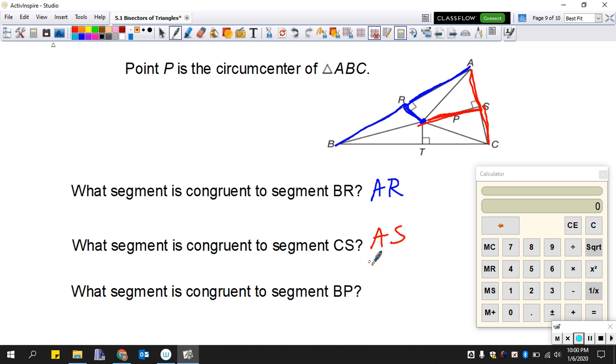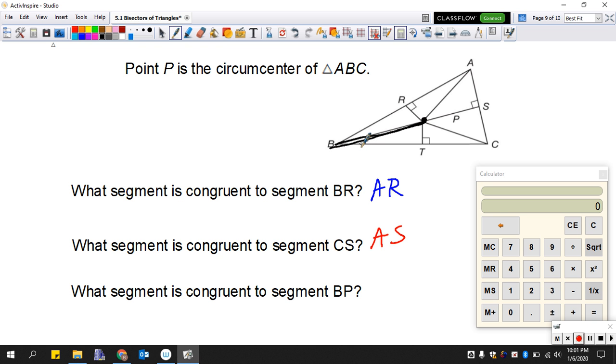And which segment is congruent to segment BP? Well, let me erase some of this. So P is the in-center. P is the in-center right here. So which segment is congruent to BP?